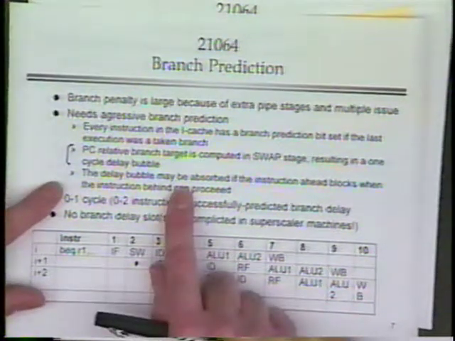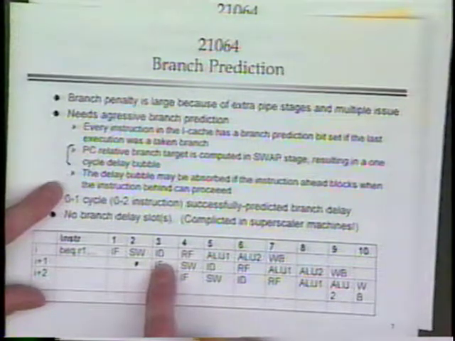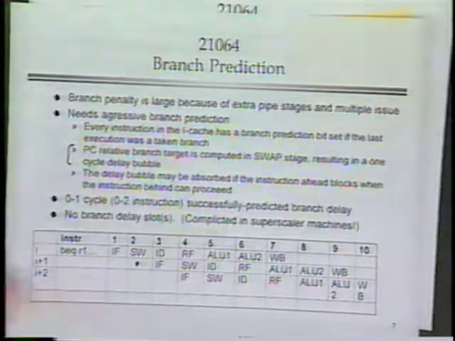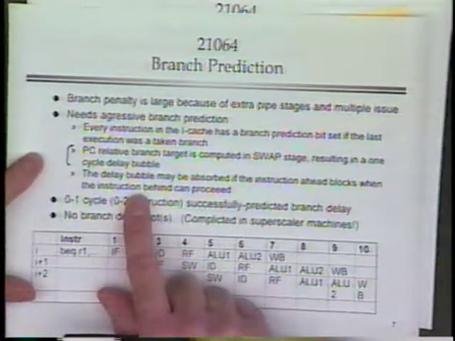One of the clever things they do is that they allow that delay bubble that just got inserted into the pipeline to be absorbed later on. If there's a subsequent instruction that blocks, the instructions behind it, which could proceed into the bubble, are allowed to obliterate the bubble.